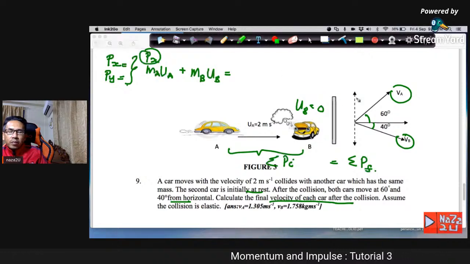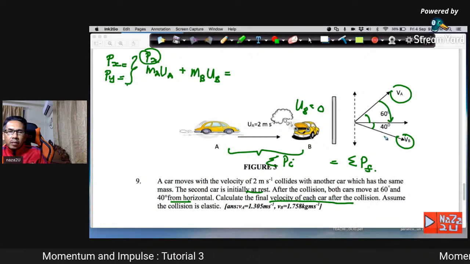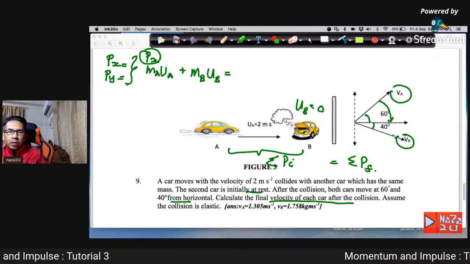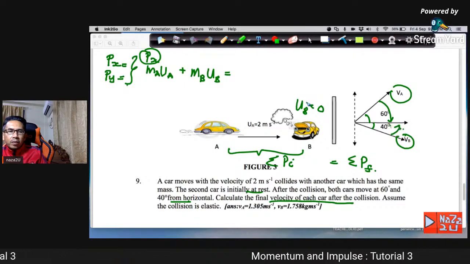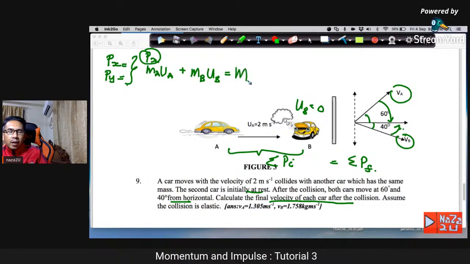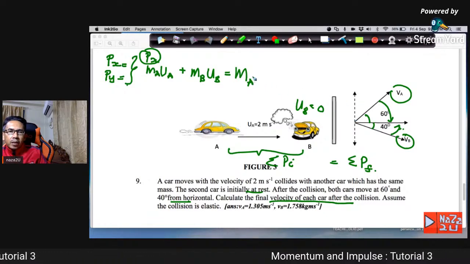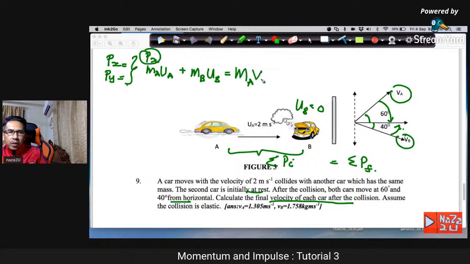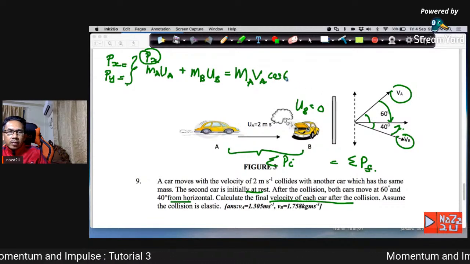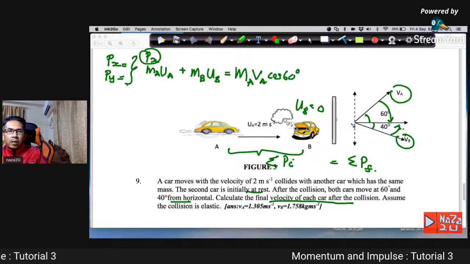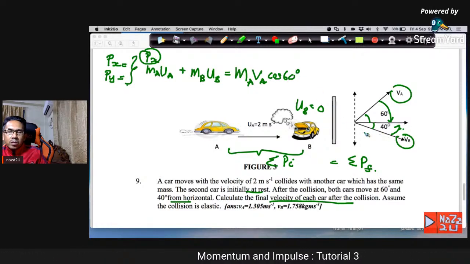So meaning here, VA here, you must resolve to the X. Okay, mass X. And this is VB also, we have a X. So we have MA after collision, MA VA here, theta is 60, cos 60. And VB here direction to the downward.